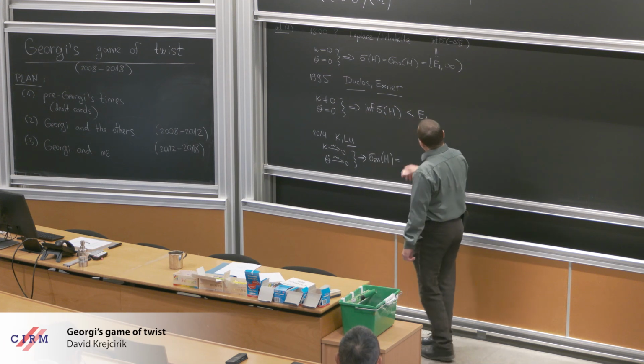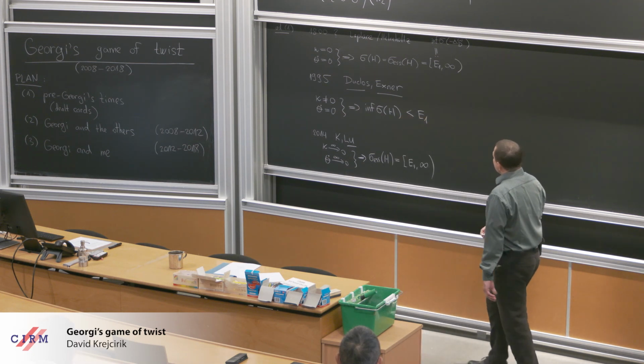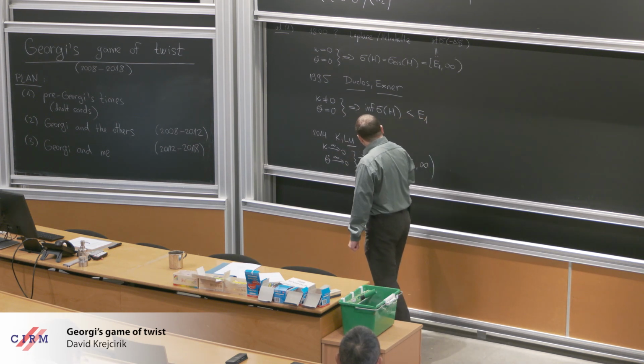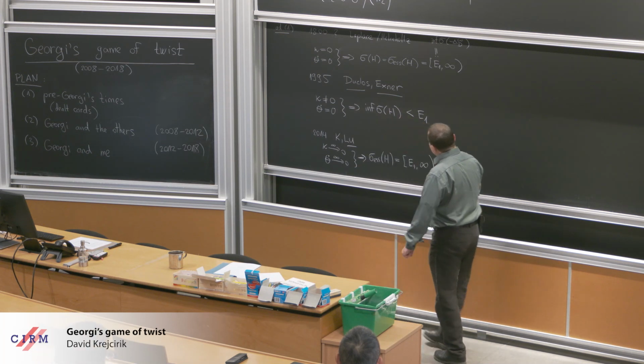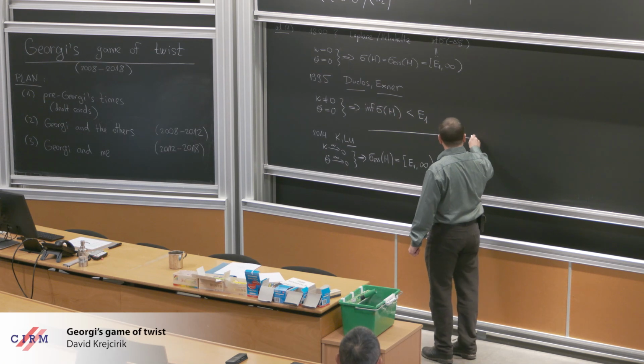So it is the same as in this situation, [E1, ∞). Why do I mention this result? Because then this result of Duclos and Exner you can interpret as the existence of eigenvalues.